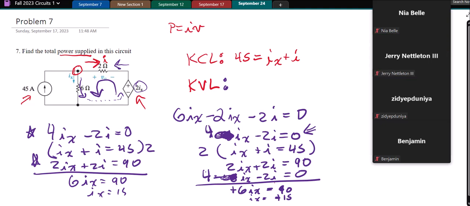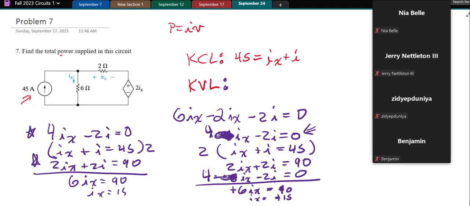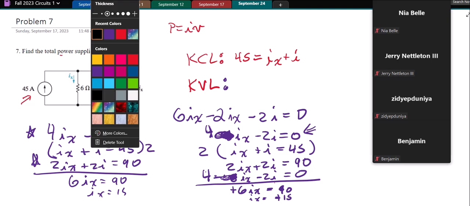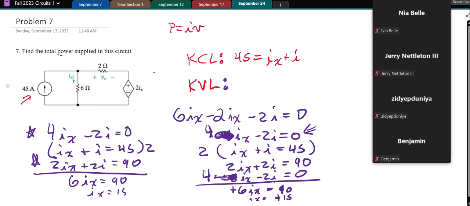So I'm going to erase some of this on my drawing here and fill some things in to see what all I know now. So I now know that this voltage source is 30. I have that ix is 15.